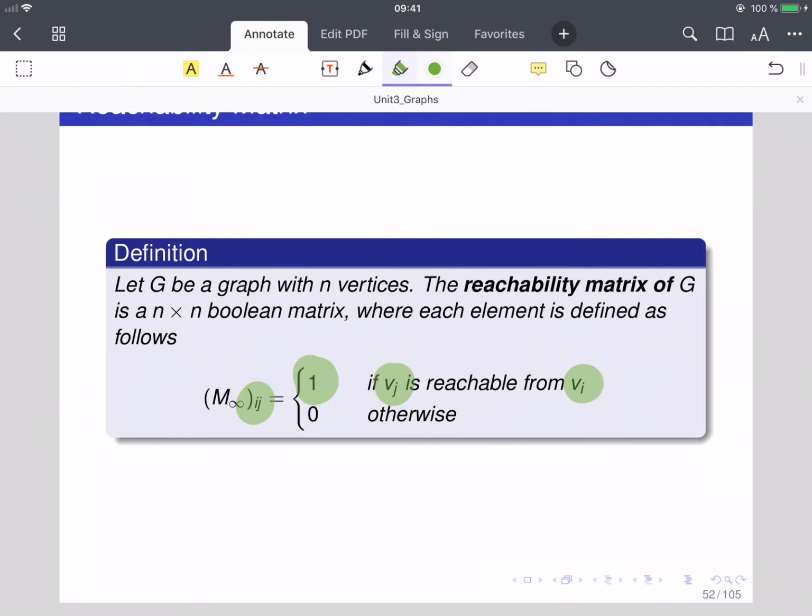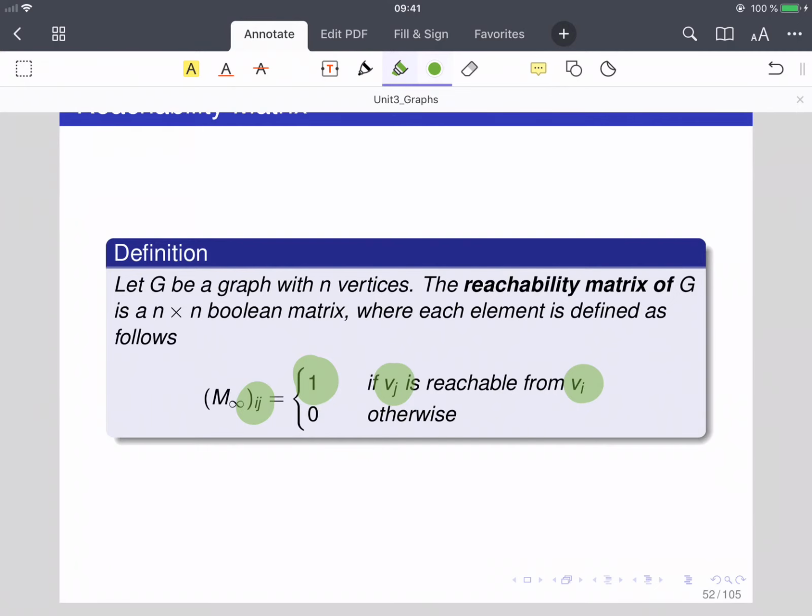If there is a 0, it means that there is a vertex that is not reachable from another vertex, and then the graph is not connected. So we would like to compute this matrix and then check if there is any 0 in it, and then we can solve the question of whether the graph is connected or not.